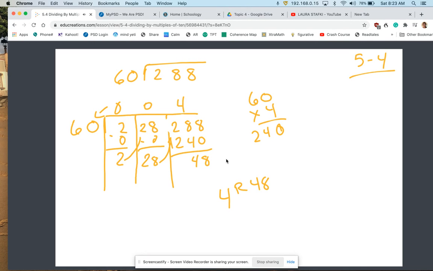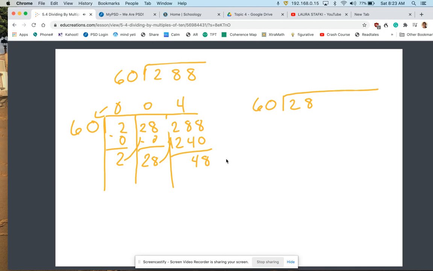All right. I'm going to do a little bit of erasing over here. You can pause and think about that strategy, because now I'm going to finally show you the very, very similar strategy, which is the standard algorithm. The box method and the standard algorithm have you doing the same steps.